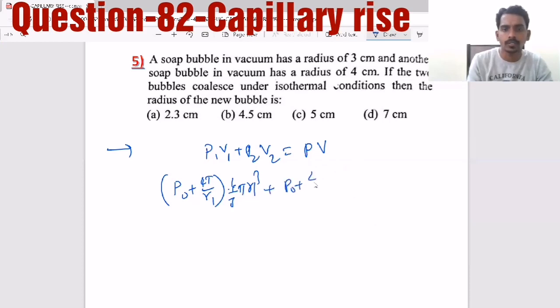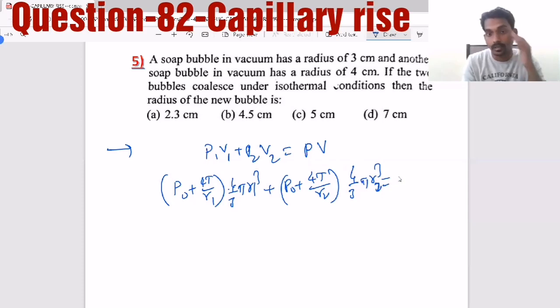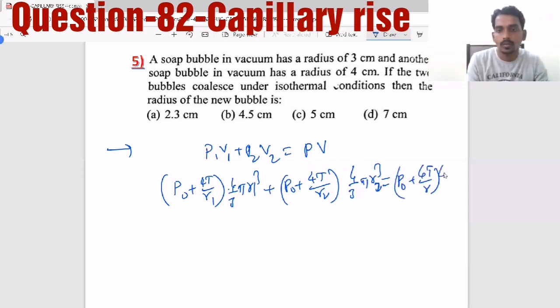P2 is P naught plus 4T by R2 into 4 by 3 pi R2 cube equal to P, the resultant one, P naught plus 4T by R into 4 by 3 pi R cube.